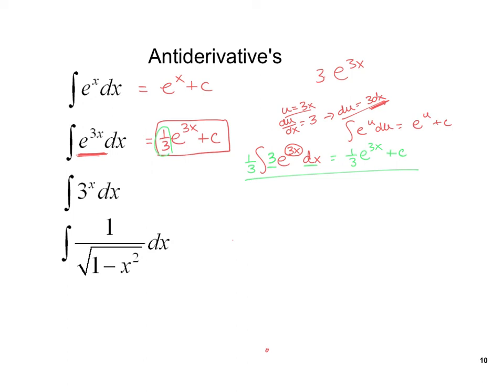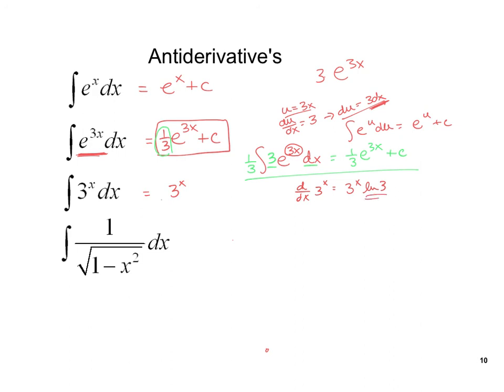All right, let's look at the next one. So the next one is 3 to the x. Well, we know that the derivative of 3 to the x is equal to 3 to the x ln of 3, right? So if I say the antiderivative is 3 to the x, when I take the derivative of it, I'm going to get an ln of 3 there, which I don't want.